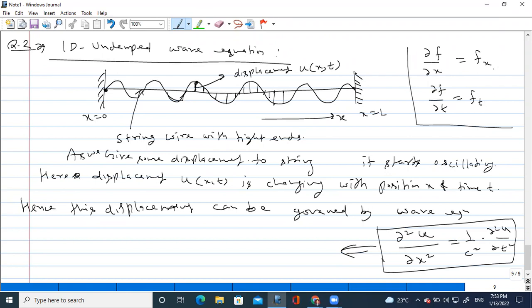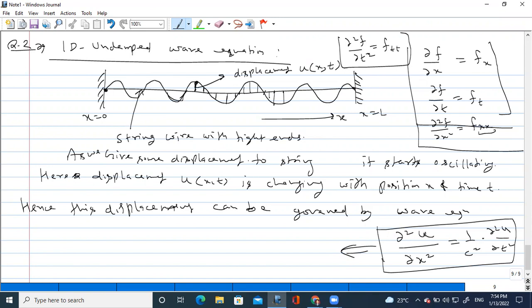If it is ∂²f/∂x², then that can be written as f_xx. Two times you write x, it means two times partial differentiation. If it is ∂²f/∂t², that will be written f_tt. So these symbols you must remember, and you can note them down separately. These are the symbols we will utilize.